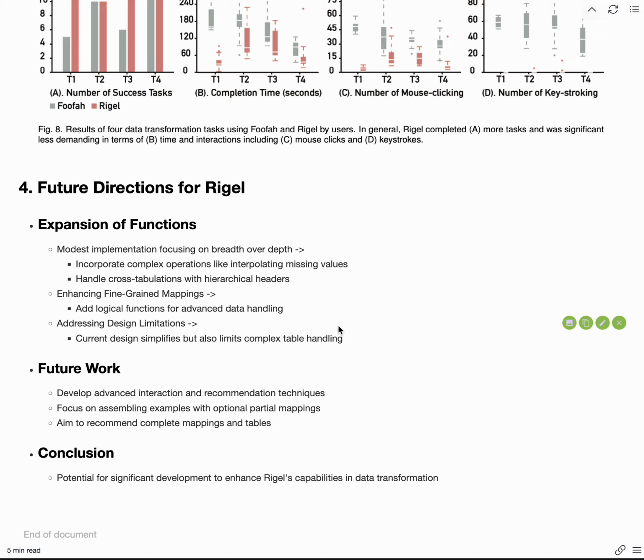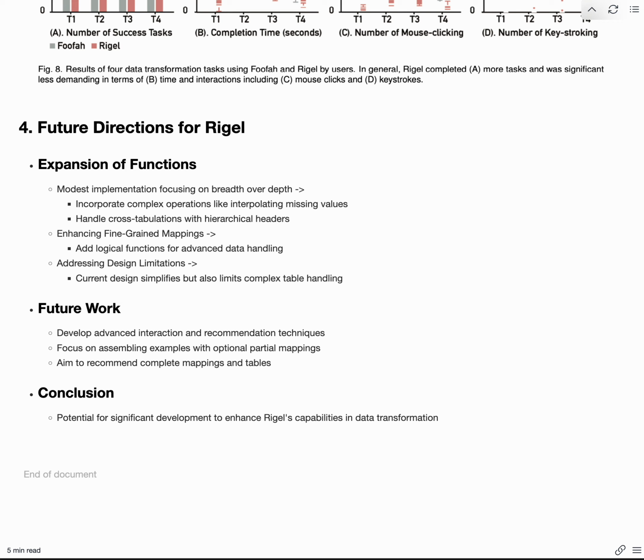For instance, adding more complex operations like interpreting missing values or handling cross tabulations with hierarchical headers could significantly enhance Ringo's capabilities. For future work, looking forward, we envision a more advanced interaction model. This could involve a focus on assembling examples with optimal mappings in a system that can recommend complete mappings and tables. Such an approach could make Ringo more intuitive and reduce the initial learning curve for new users.